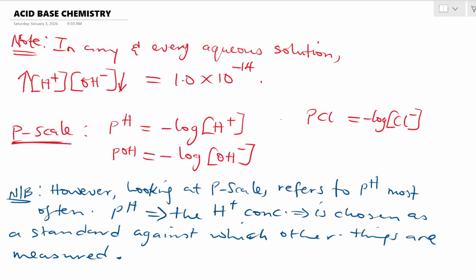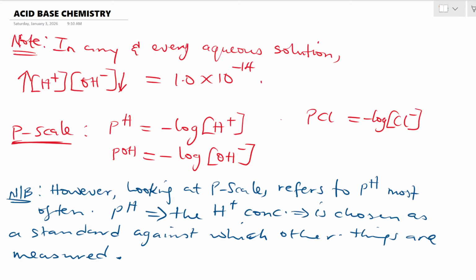So looking at the P scale, it refers to what? pH most often. So in biochemical reactions, we often do refer to pH in our dealings. With the P scale, we don't want to deal with tiny numbers. We want to deal with numbers that are more natural, like 6.2, 7.8.